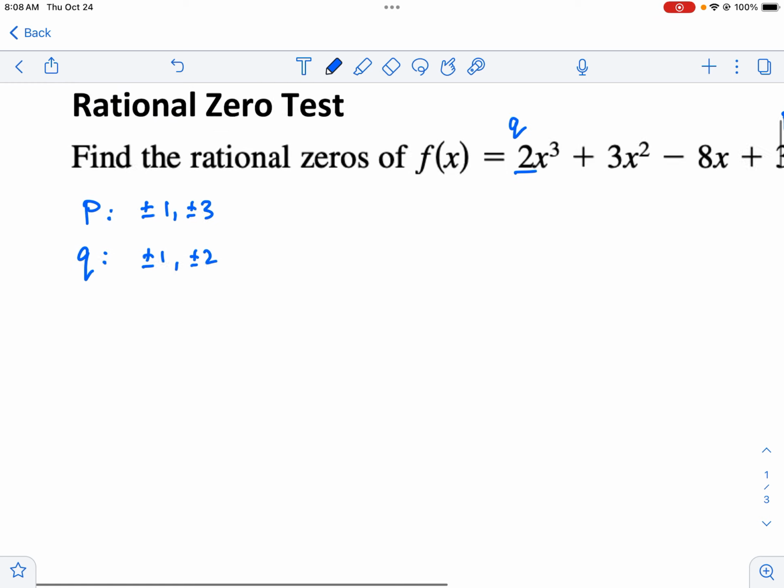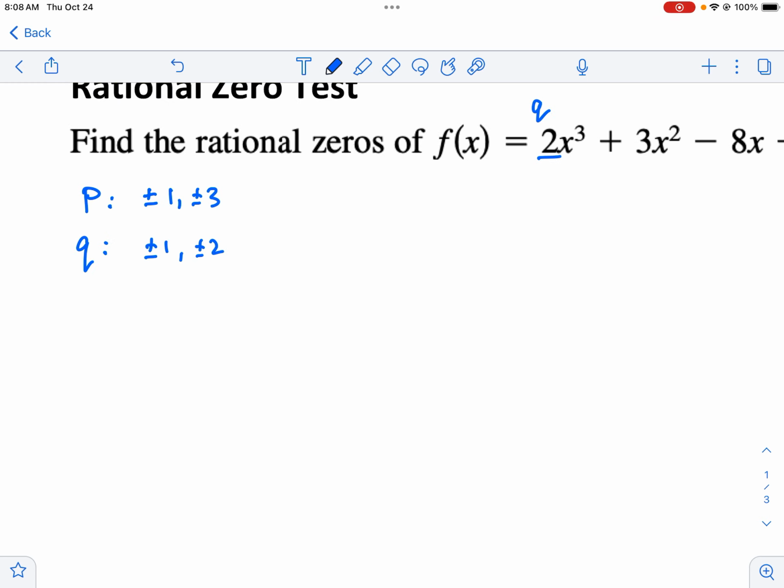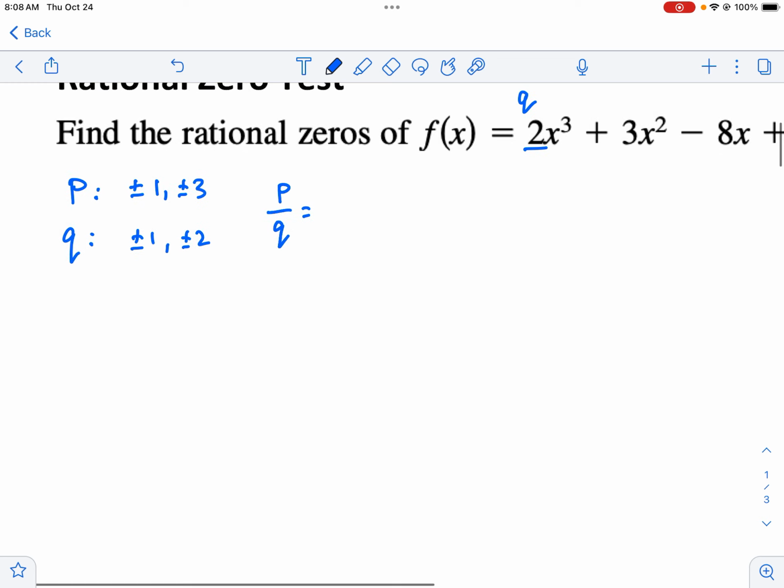And then from that, if you have your possible factors of P and Q, if you divide them, you get your possible answers. So 1 divided by 1 is 1. 1 divided by 2 is 1/2.